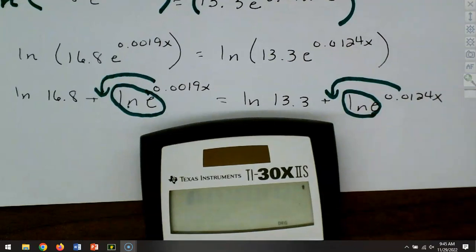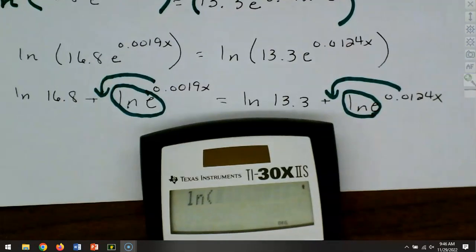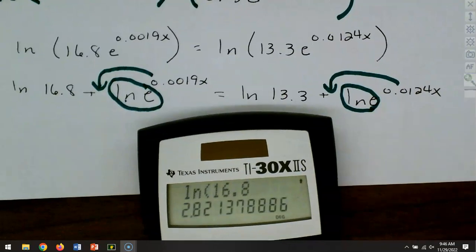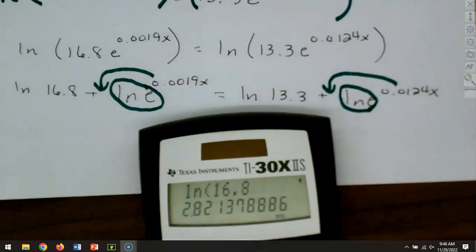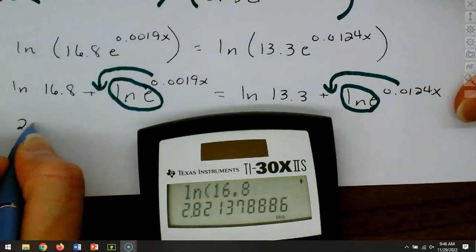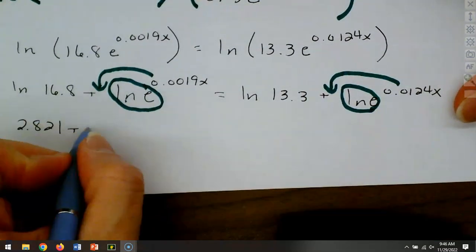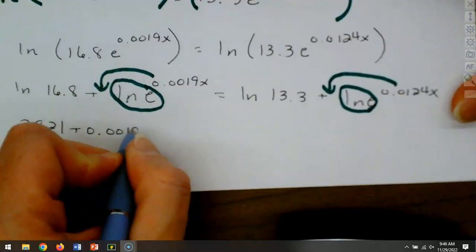We're almost done. We want the natural log of 16.8. And that is going to give us 2.821 if we round. This part is just going to come down as 0.0019x.